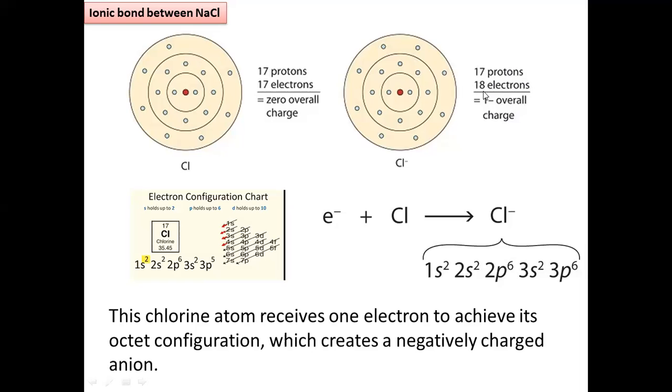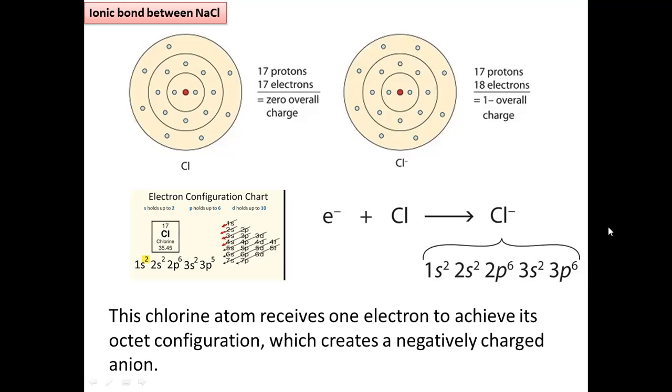So the net charge would be -1 on the chlorine, and it is indicated over here. So what is the octet rule over here? There is a deficiency of one electron in the outermost shell. This electron is coming from the sodium, so chlorine becomes electronegative and sodium becomes electropositive.